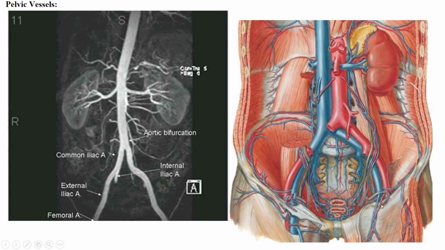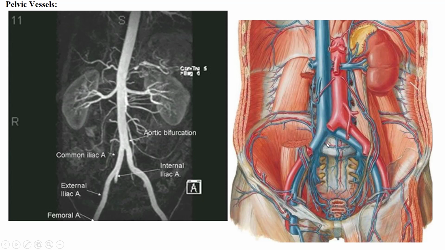So if we trace this back up now, you've got the femoral vein coming up, and it becomes the external iliac vein. It joins up with the internal iliac vein here, and comes up and then becomes the common iliac vein and into the IVC.